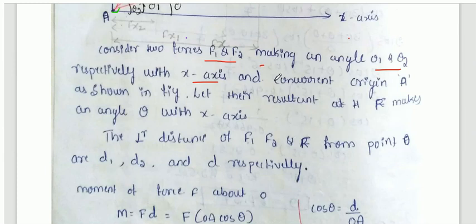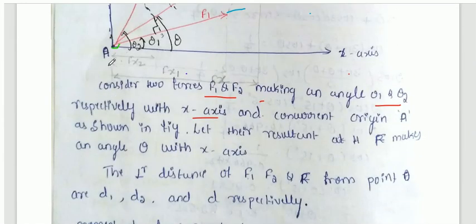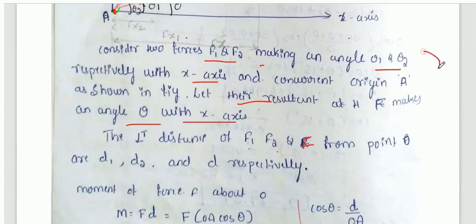They have a concurrent origin A, and their resultant makes an angle theta with the x-axis. Now the perpendicular distances of F1, F2 and F about point O are D1, D2 and D respectively. There is nothing new here. Whatever the figure shows, you need to write here.